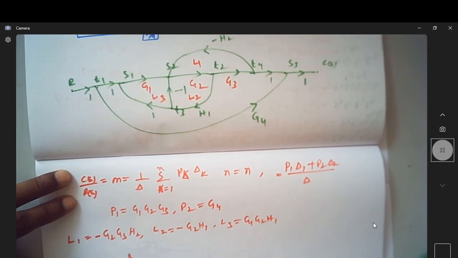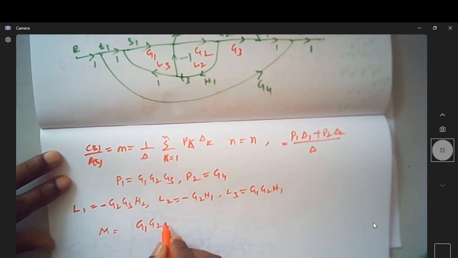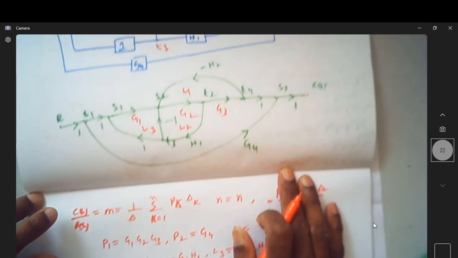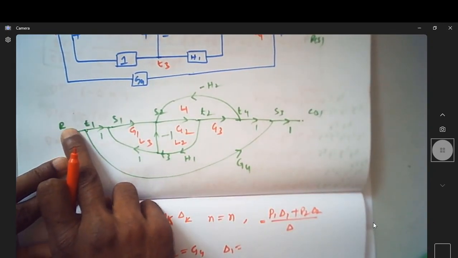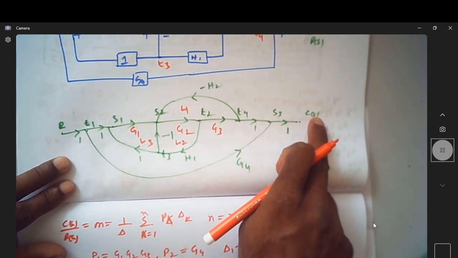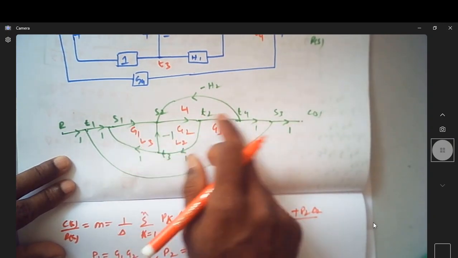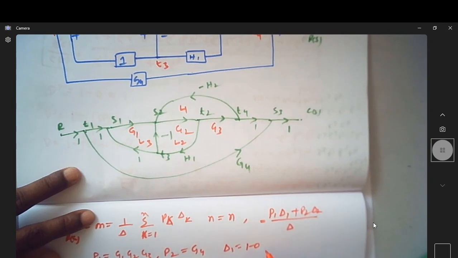So what is M now? It is P1, which is G1, G2, G3, and its associated delta 1. That is, which are the loops not touching this forward path? All the loops will touch that forward path, so it is 1 minus 0. How about delta 2?